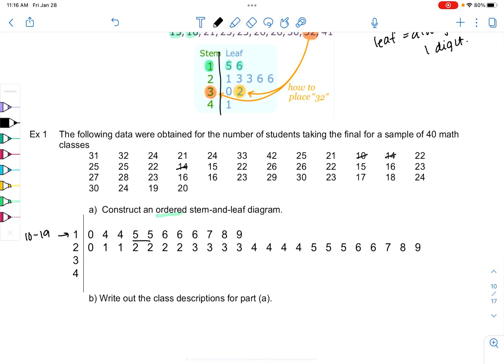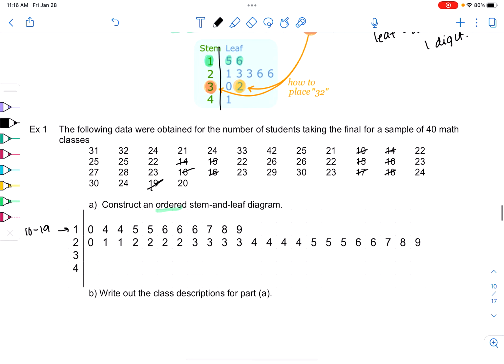There's 2 5s, which means we have 2 15s. We have 3 6s, which means there's 3 16s. And then we have a 7, an 8, and a 9. So that represents 17, 18, and 19. The next row starts with a 2, so that represents 20s, so 20 through 29. Same thing, we could check those, but let's jump into the 30s since I didn't do those for you.